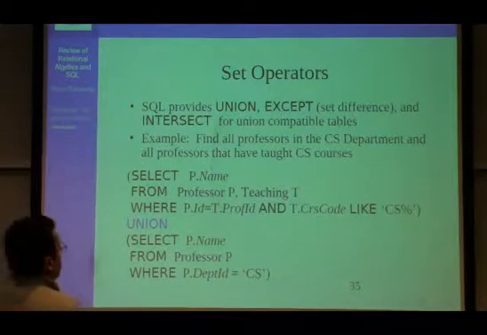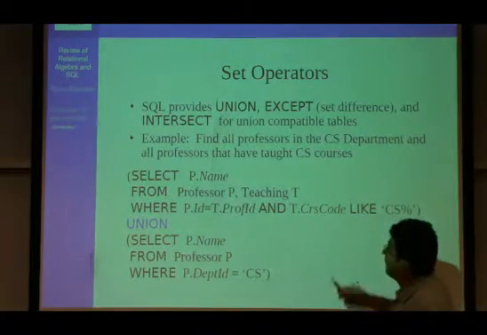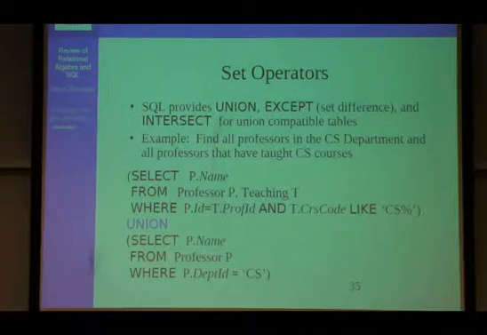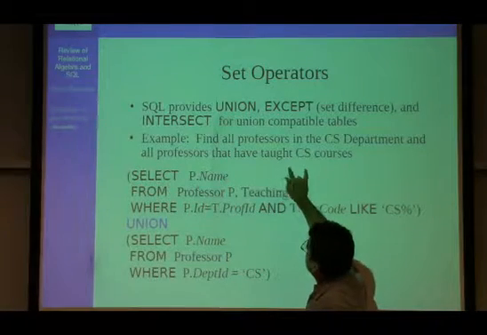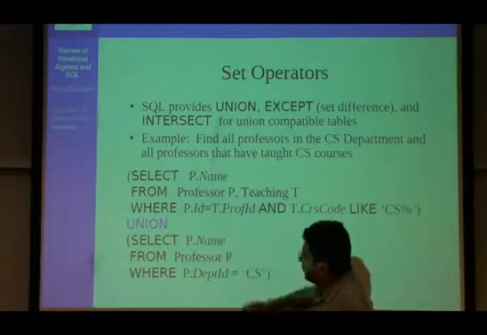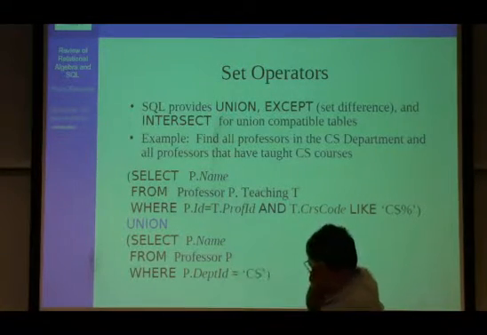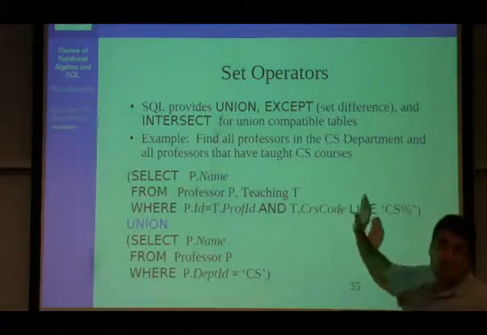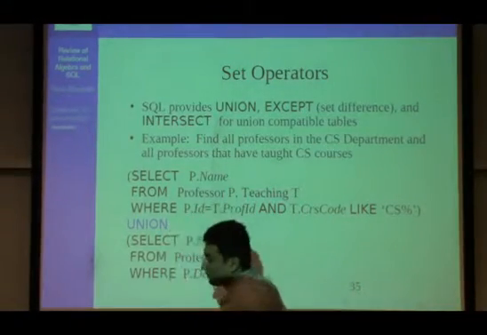For example, if you want to find professors in the CS department and all professors who taught CS courses, first you can compute all of the professors who taught CS courses, and then select all the professors from the CS department, and then union with this result. This is obvious, right? There are two sets union.